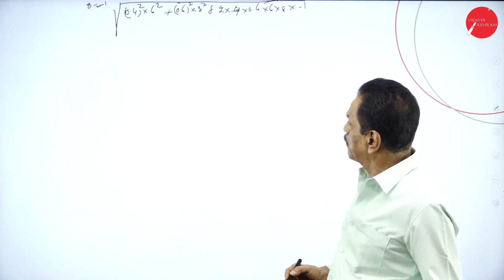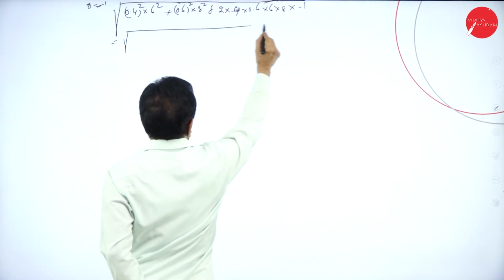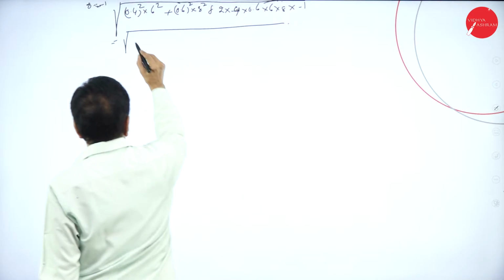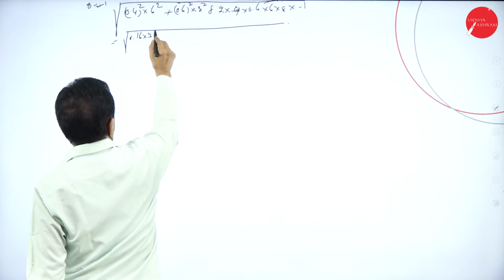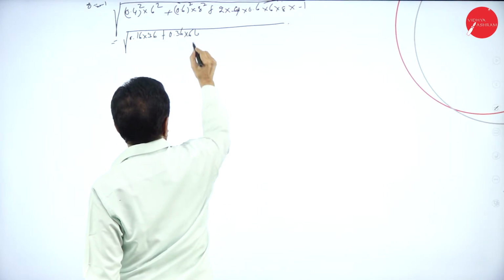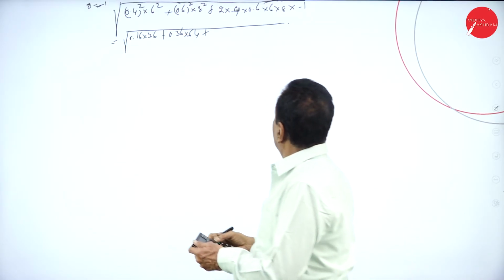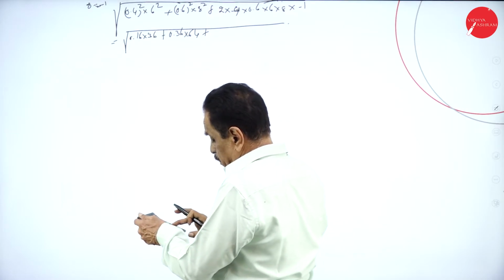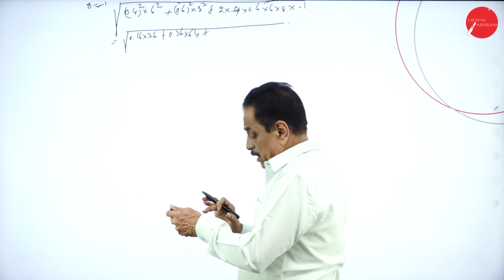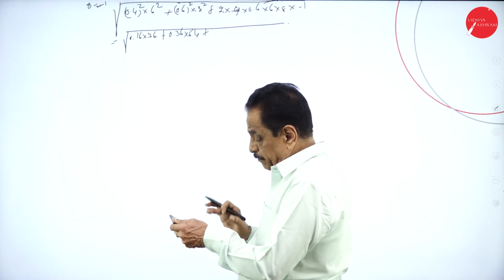So square of this, same. 0.4 whole square is 0.16 into 36. This is 0.36 into 64 plus 2 into 0.4 into 0.6 into 6 into 8 into minus 1.